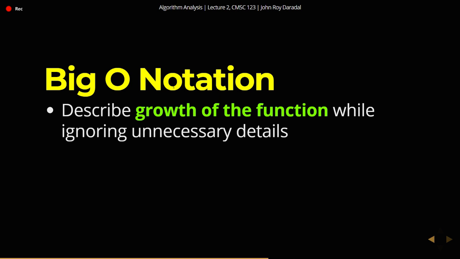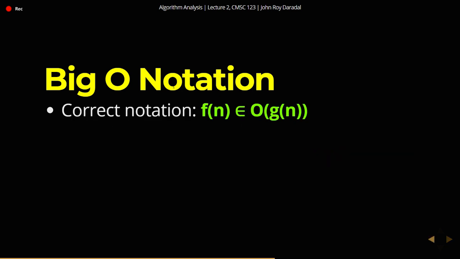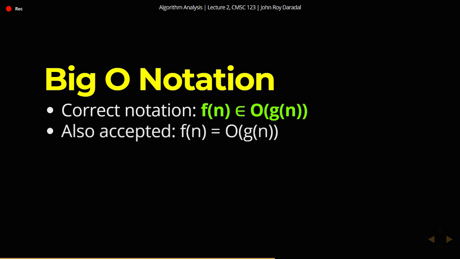So big O notation describes the growth of the function while ignoring unnecessary details. We only concentrate on the fastest growing part of the running time equation. The correct notation for big O is f of n is in O of g of n. However, we also kind of accept f of n is equal to O of g of n.